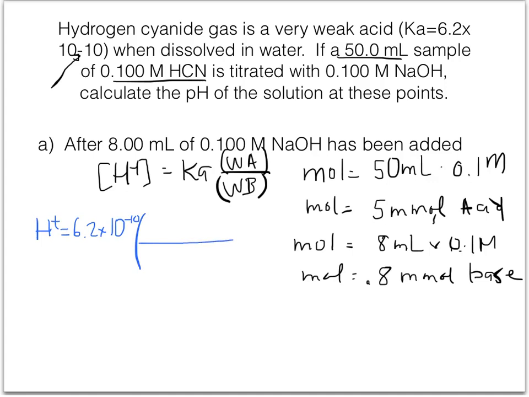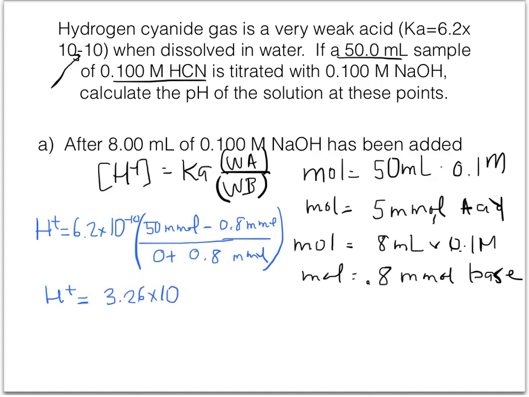Now we started off with 5 millimoles of acid, so we're adding base to it, so we're going to subtract the amount of base, and that's in millimoles. In this case we didn't have any base to start off with because we're doing a titration, but then we're going to add base, and we added 0.8 millimole. So my H plus concentration is going to be equal to 3.26 times 10 to the negative 9. And then you guys can calculate the pH.